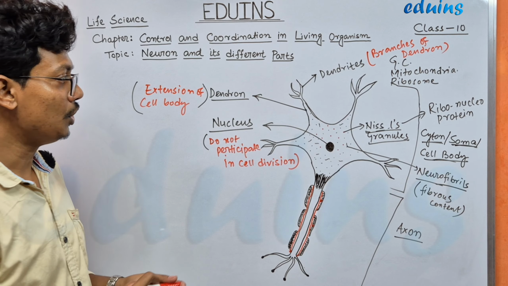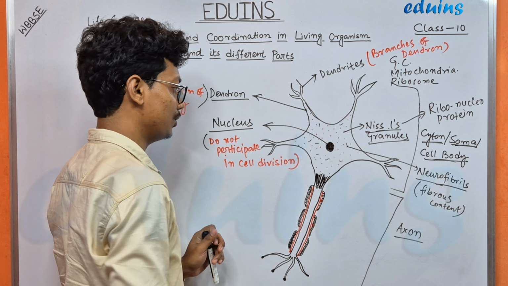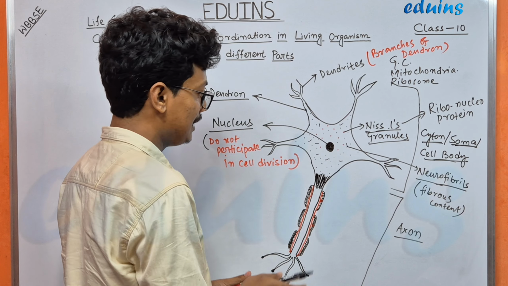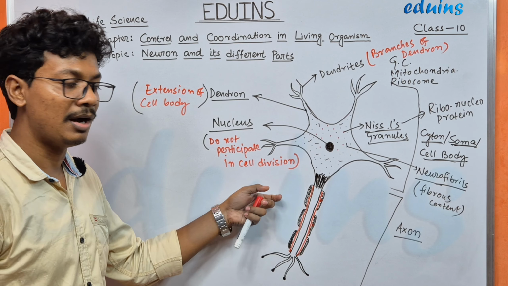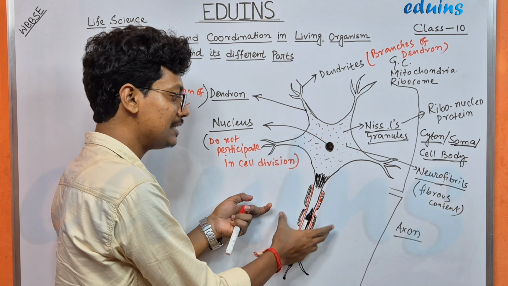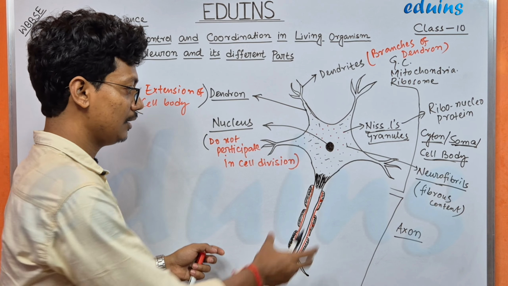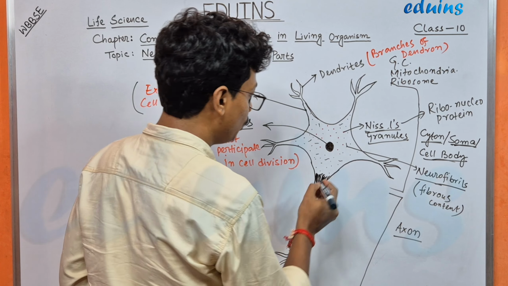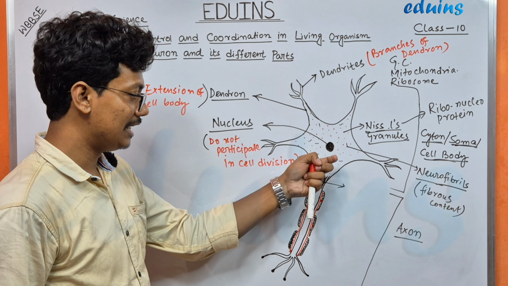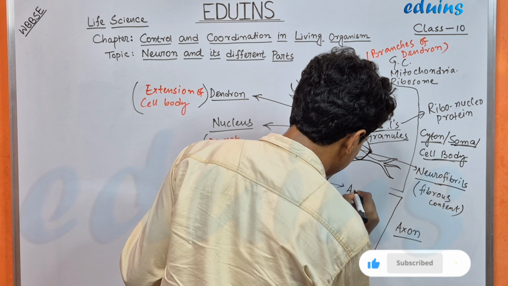Okay, so this is the cyton part of the neuron. Next, come to the axon part. The axon is nothing but the long extension of the dendron. This is a dendron which is extended throughout the length. The joint portion of the cyton, or cell body, and axon is known as the axon hillock.